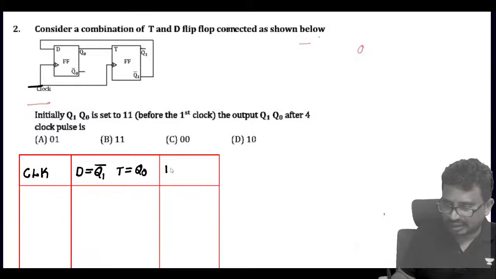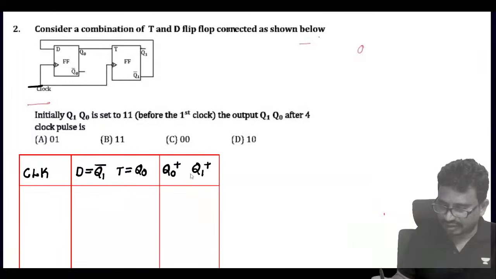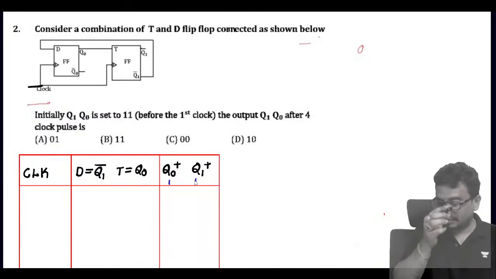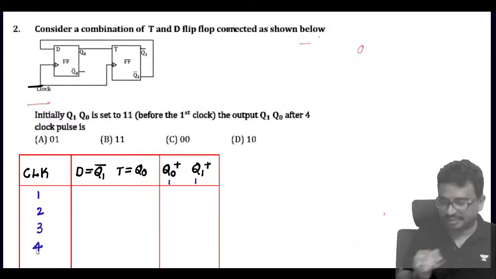So we will get Q0 plus and Q1 plus. The initial state of the flip-flops is given as 1 1. They are asking after 4 clock pulses. So 1, 2, 3, 4 clock pulses.